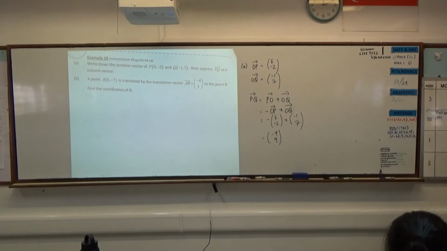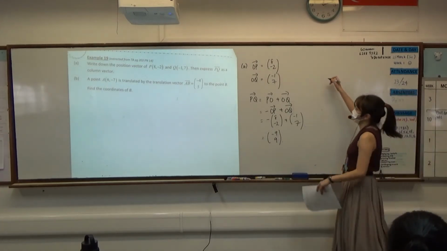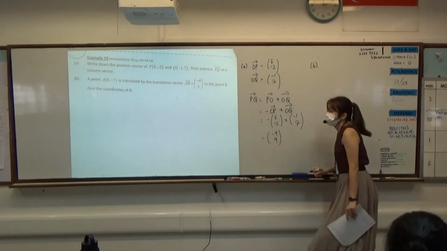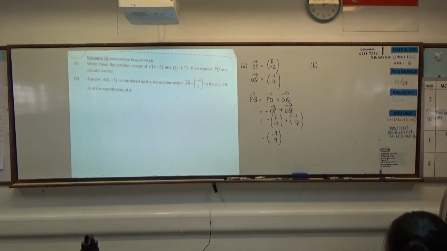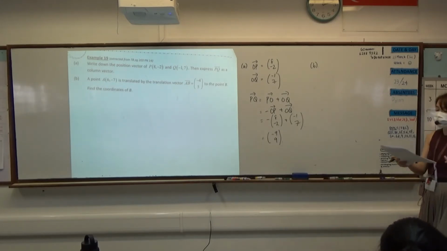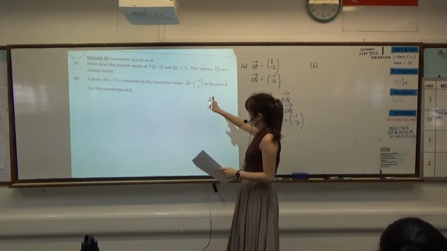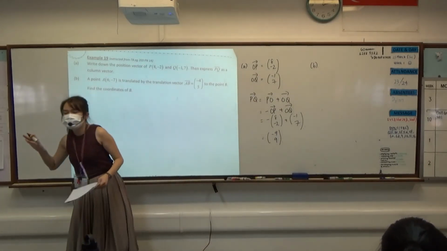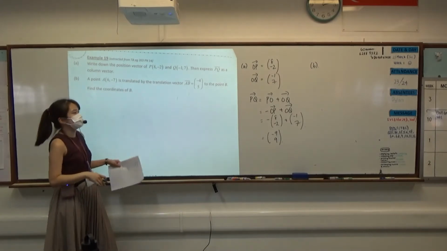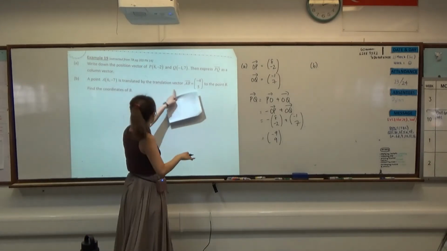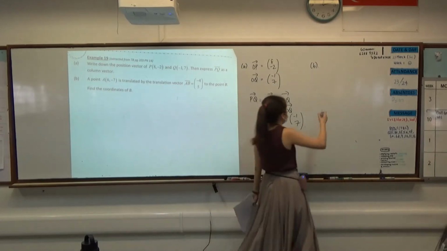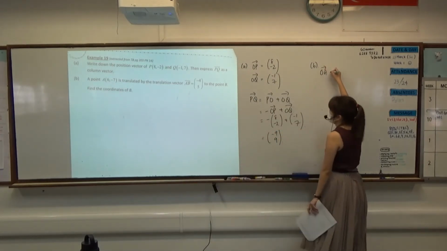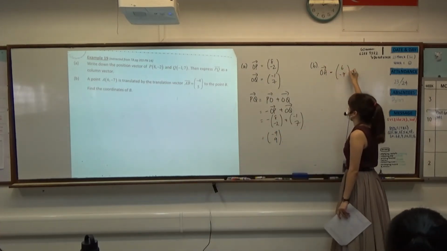Any questions? I want to focus on part B now, where there is a point A, 6, -7, being translated by the translation vector AB, -4, 5. We want to find the coordinates of B. What we interpret from this statement is that AB is this, and the position vector of A, written as OA, will be 6, -7.